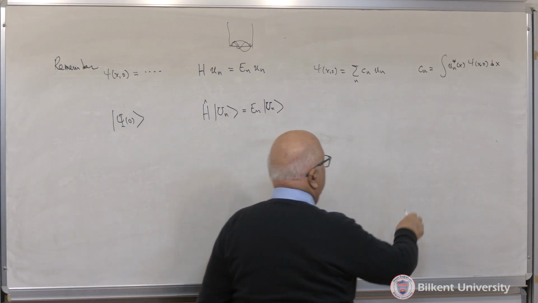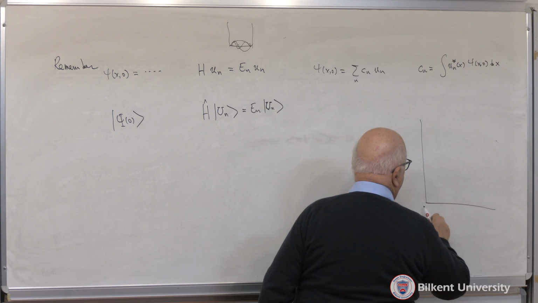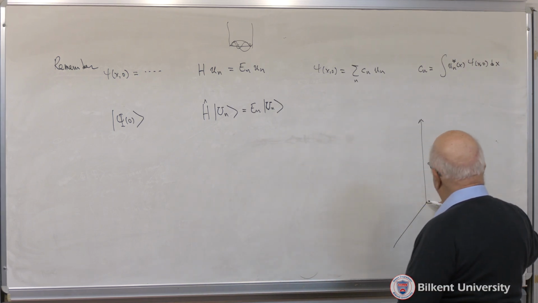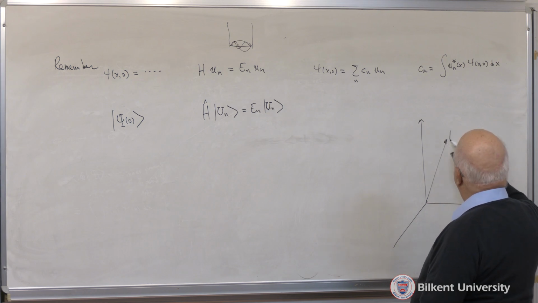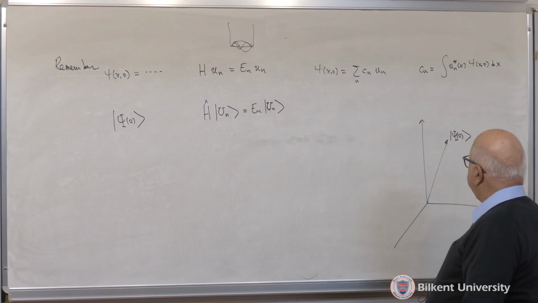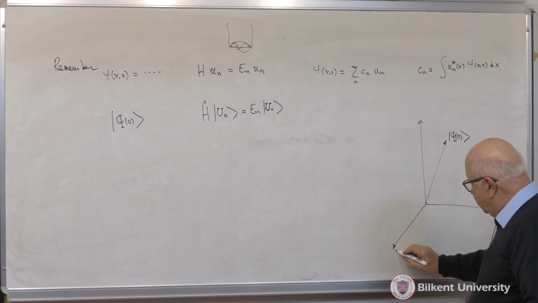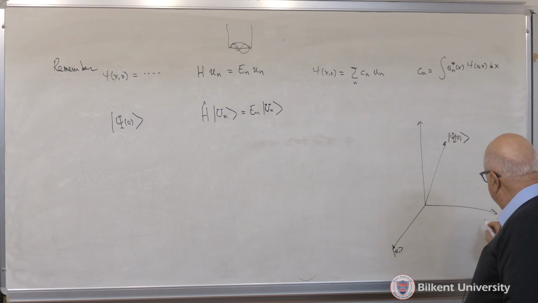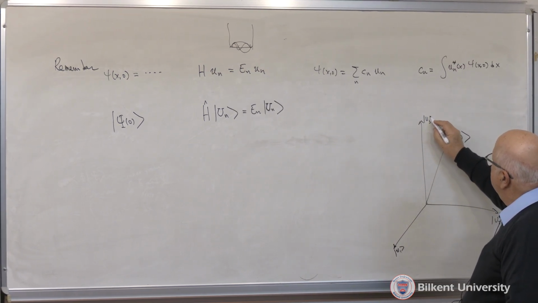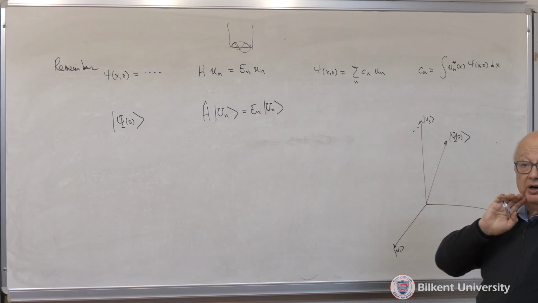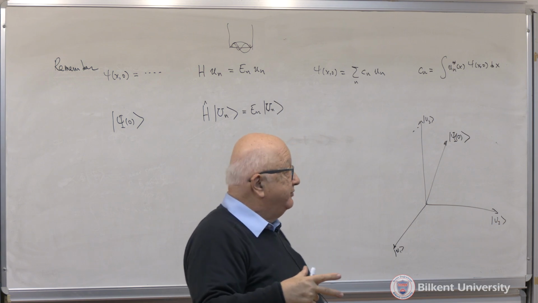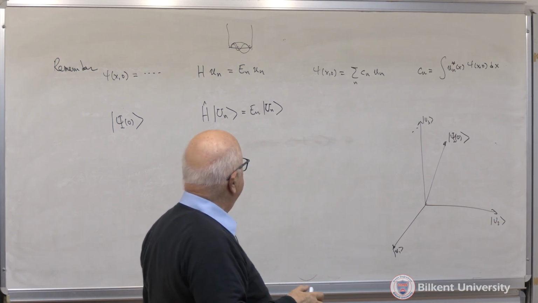So now I can expand my psi 0. So my psi 0 is some vector in this space. And these U1, U2, U3, all this stuff are now my basis vectors. New basis vectors in which I want to expand everything.